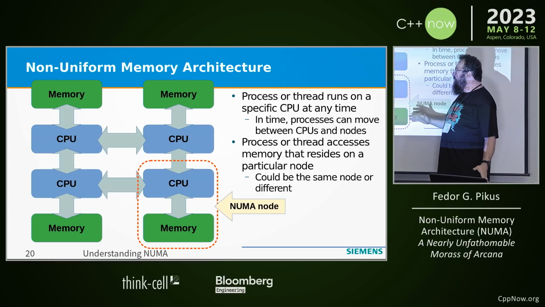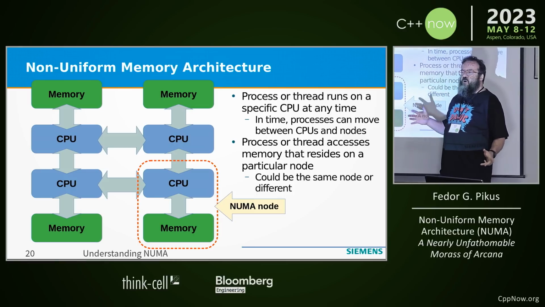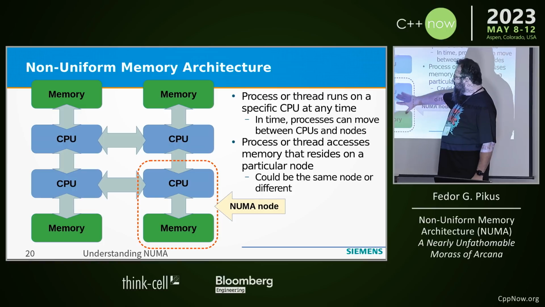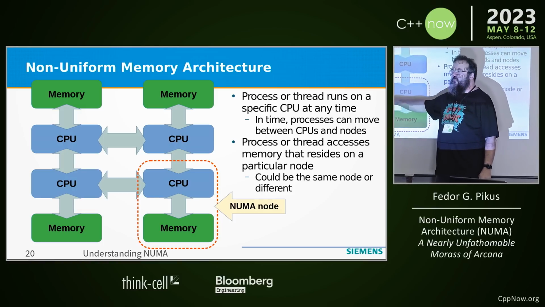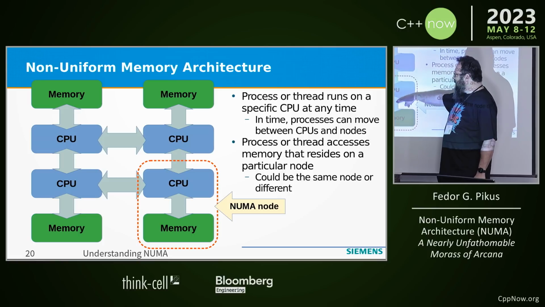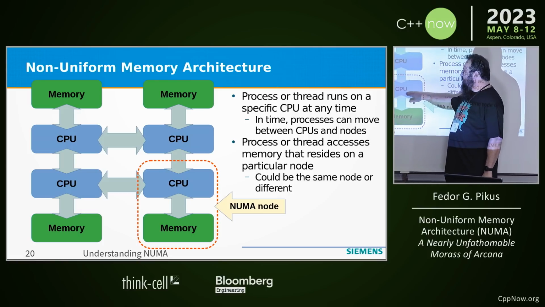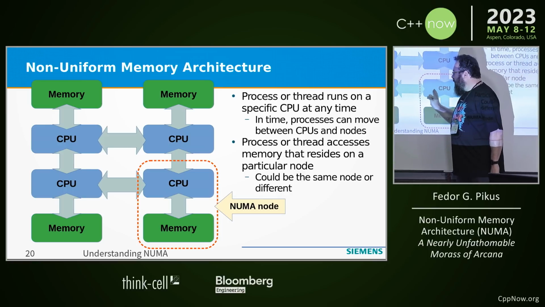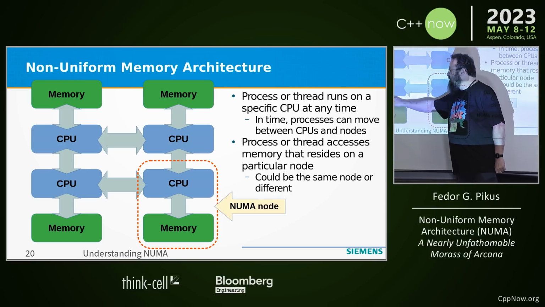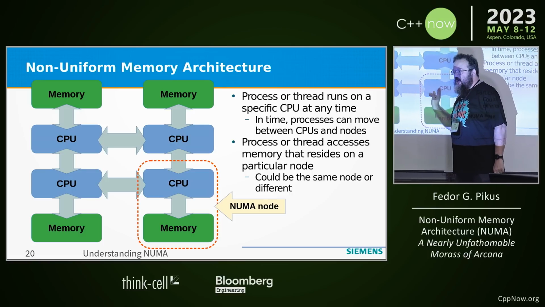From this diagram, it's kind of evident that it's not symmetric. Now, it doesn't necessarily have any implications. It may be not symmetric, but may or may not be visible. But you can see that there is asymmetry, so there is a possibility for observable difference. When this thread here accesses this memory, it just hits the memory controller on chip of the CPU. If it wants to access this memory, it needs somehow to exercise the memory controller on that CPU, on the different node, the one it's not running on.